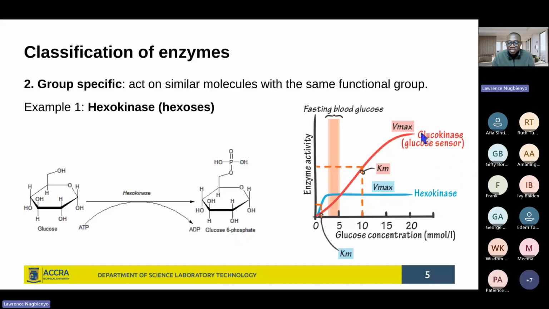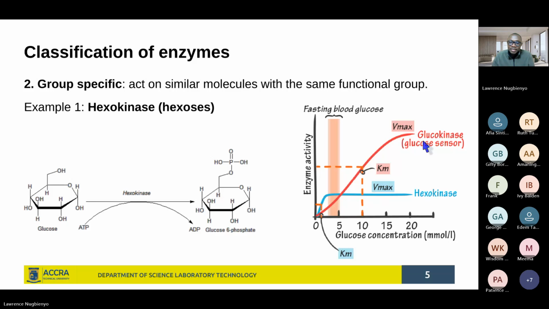And the reason is that anytime you eat and the concentration of glucose rises in the blood, glucokinase concentration also rises in order to break down the glucose and bring the concentration to normal levels.